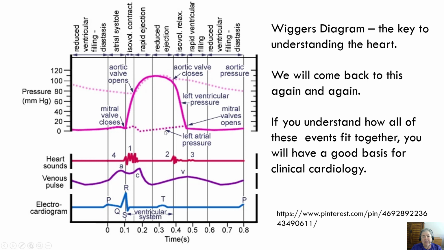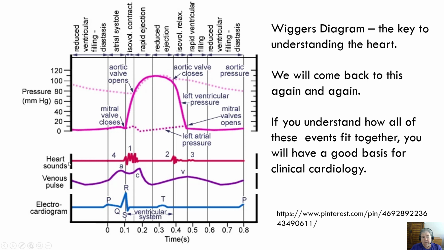We are looking at the left atrium, we are looking here at the left ventricle, and we are looking at the aorta. Now, we could add other things. We could add right ventricular and right atrial pressures, and there are times where you will see Wiggers diagrams that have all of those pressures.